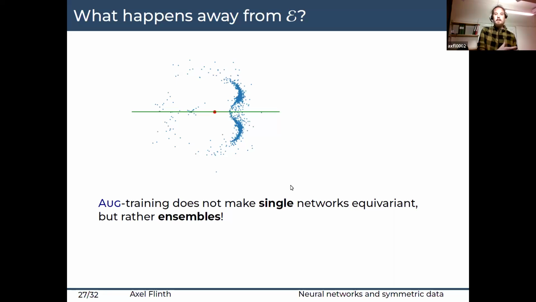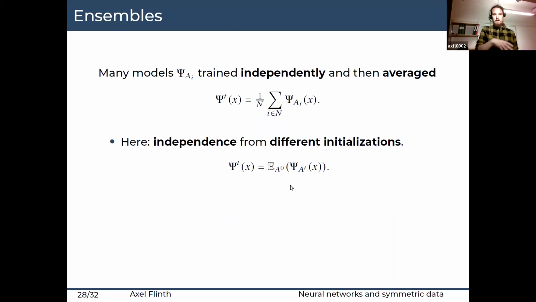So it seems that augmentation training does not make single networks equivariant, but if we look at an ensemble, it will. So by an ensemble, we mean a number of networks that we train independently, and then we form the model by averaging them. And here the independence does not come from training on different data, but it comes from initializing the networks independently.